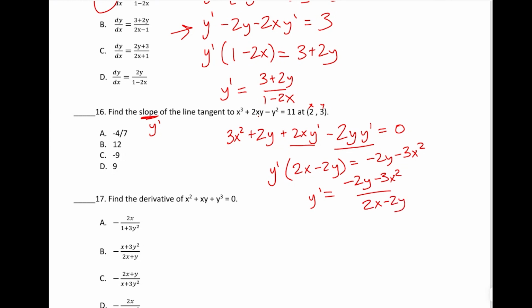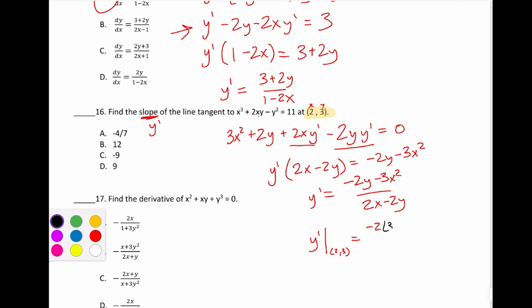So this is our formula for the slope at any point. But now we want to evaluate this at (2, 3). So I'm going to substitute in 2 for x and 3 for y. So y prime at (2, 3) equals, let's just go through it, negative 2 times y, which is 3.